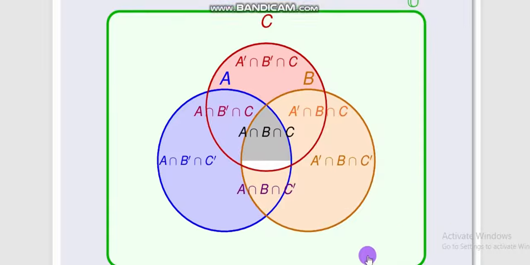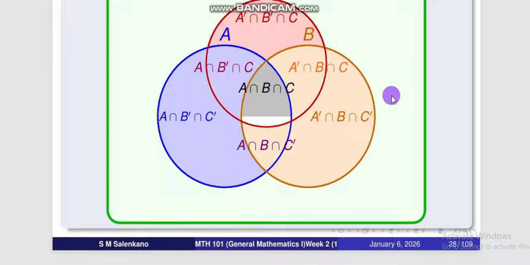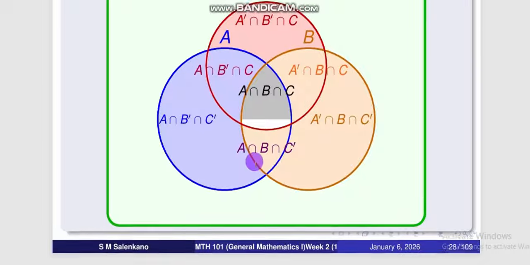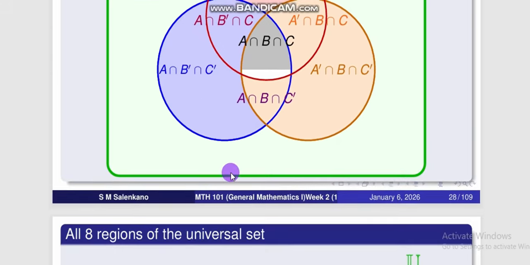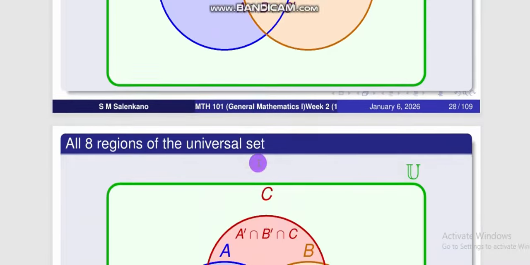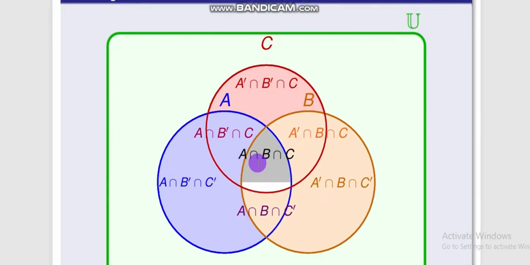not in C. It has to be outside here, right? Outside here is part of A complement, is part of B complement, is also part of C complement. So this will be A complement intersection B complement intersection C complement, as you are going to see here.